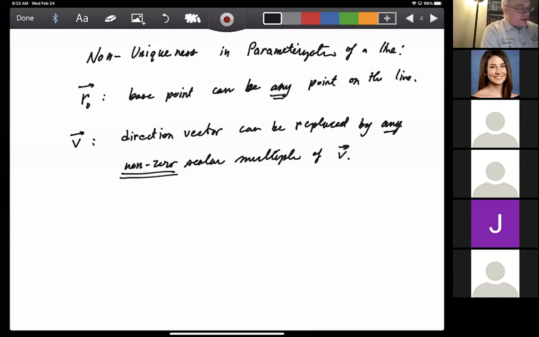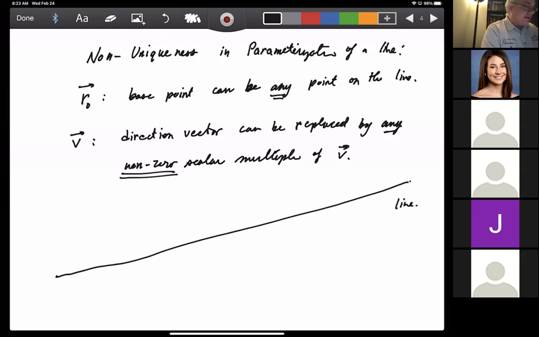And let's just draw a picture to make sure we understand what's going on here. We've got our line. Think of this in three-dimensional space.